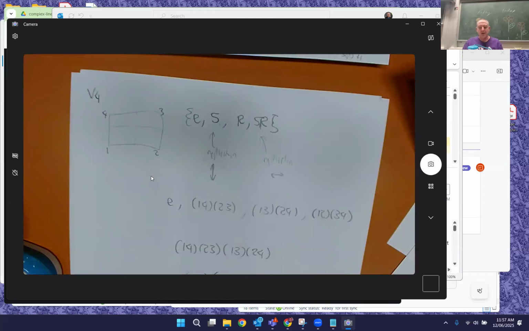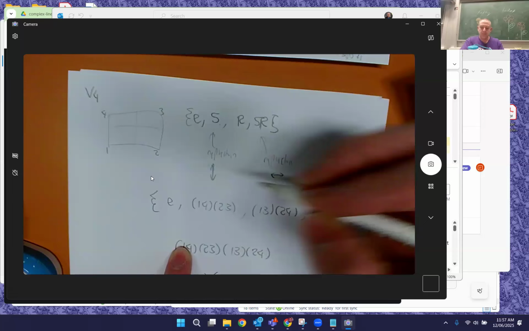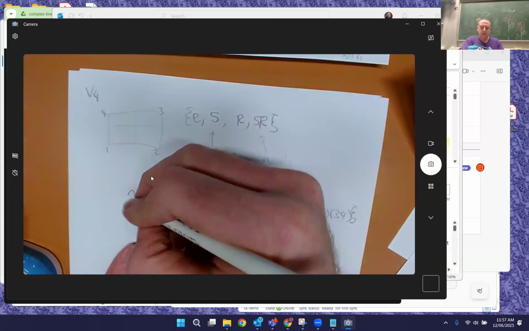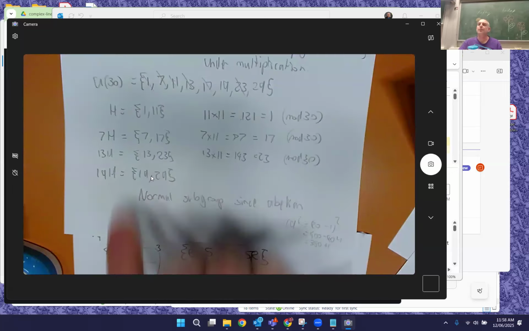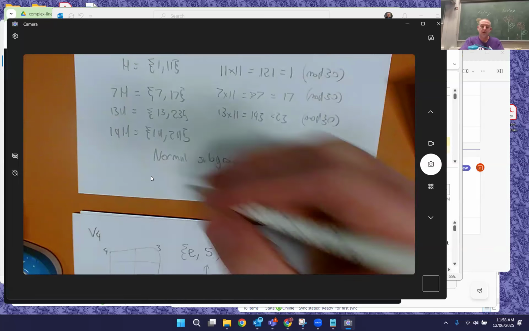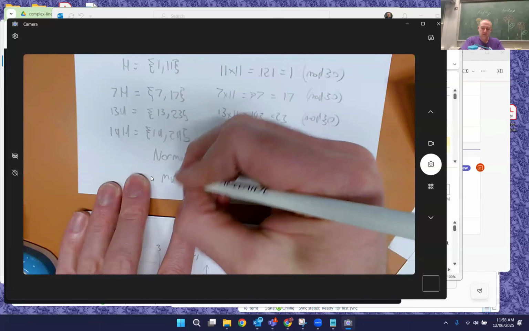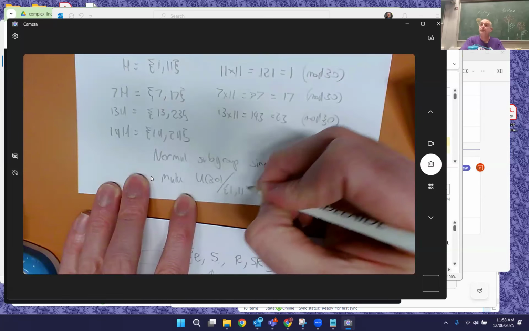So I have a question. Is this group isomorphic to this group? So we can make U30 factoring out 1 and 11, right?